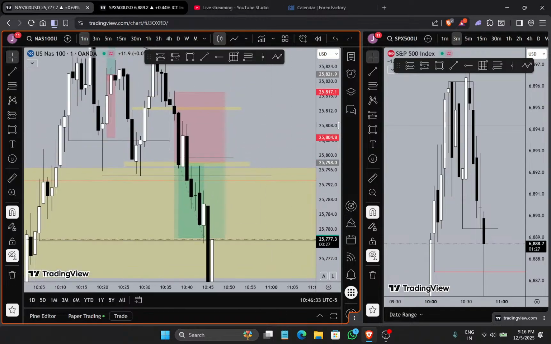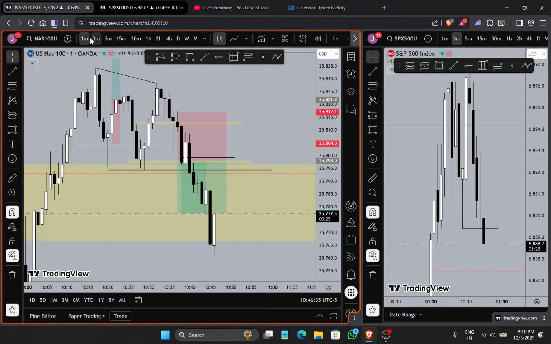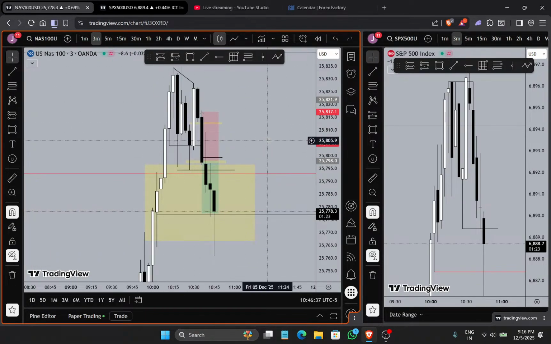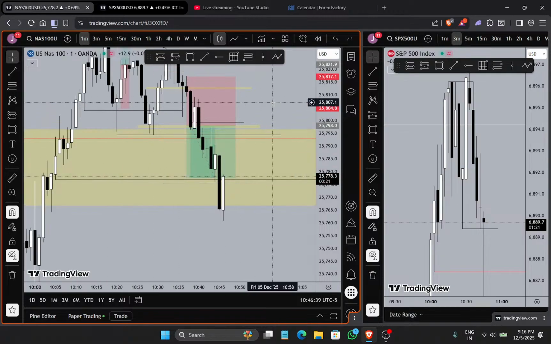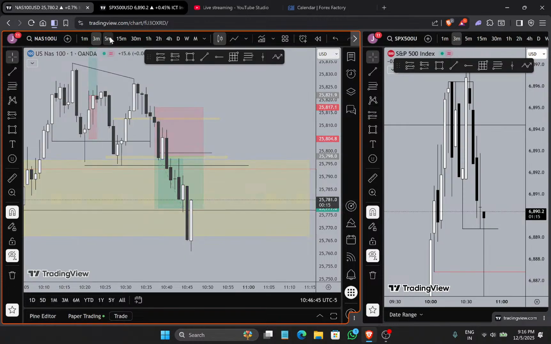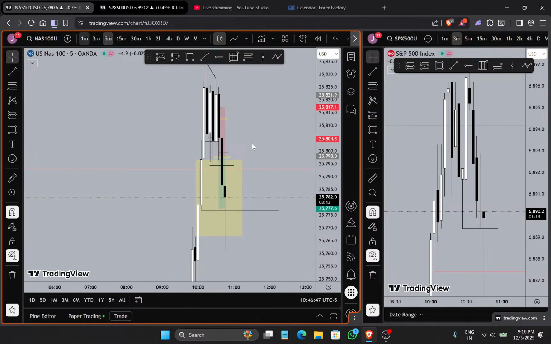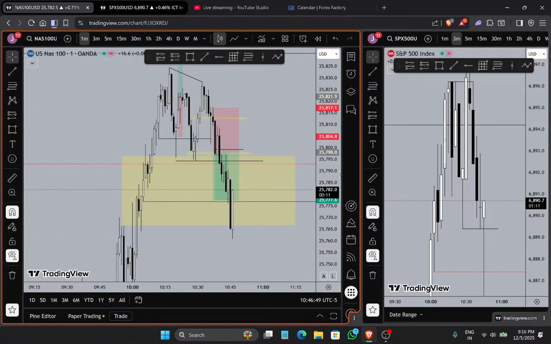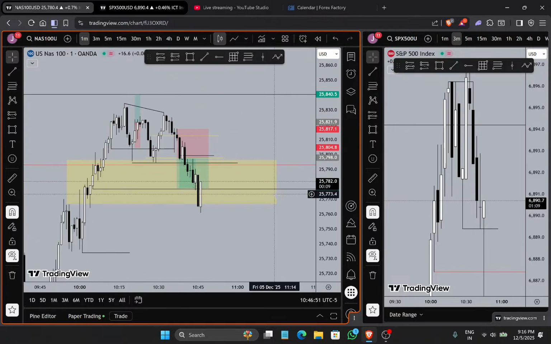The TP doesn't trigger, so that is why I said it is not getting filled. But then look at this, it perfectly smashed through the TP. Great trade.